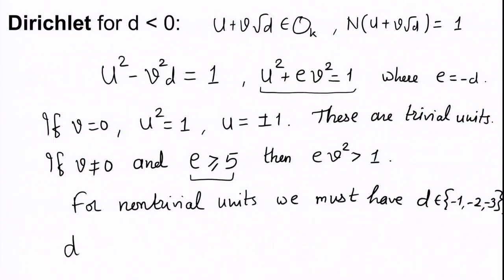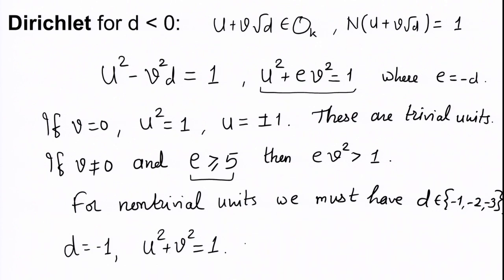So, now let us take the case where D is minus 1. We are looking at solutions to U square plus V square equal to 1. U and V are now integers because minus 1 is not congruent to 1 mod 4. So the algebraic integers for this D are of the form integer plus integer times root of minus 1.